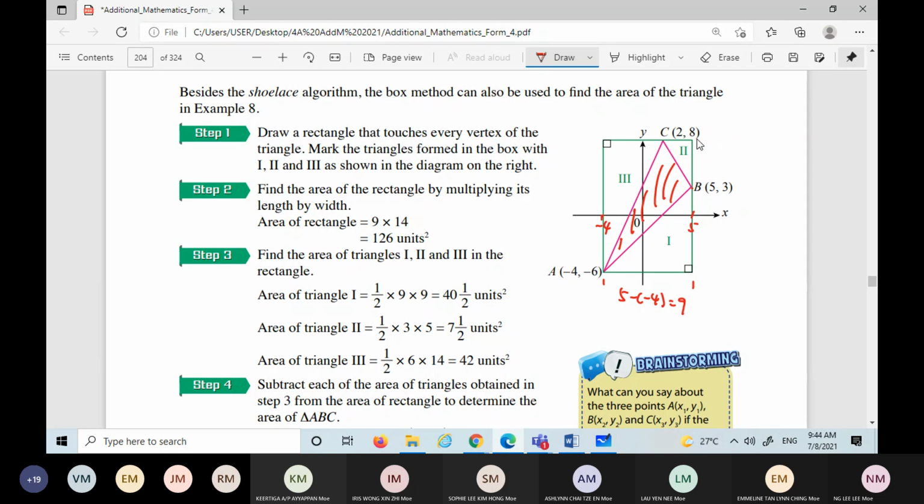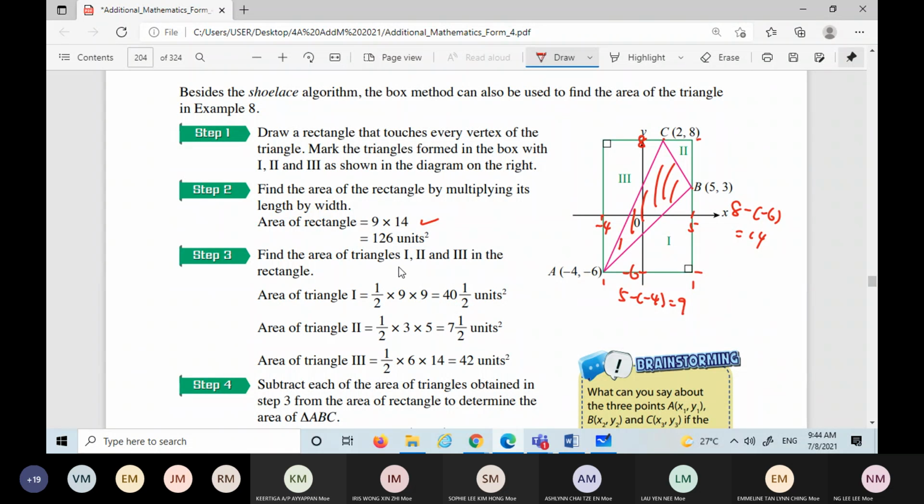And then the length from here to here, same thing, I need the y coordinate. This is -6, and for this point, this is 8. So 8 minus -6, therefore is 14. So this is how you get the area of the rectangle. 9 times 14, so 126.